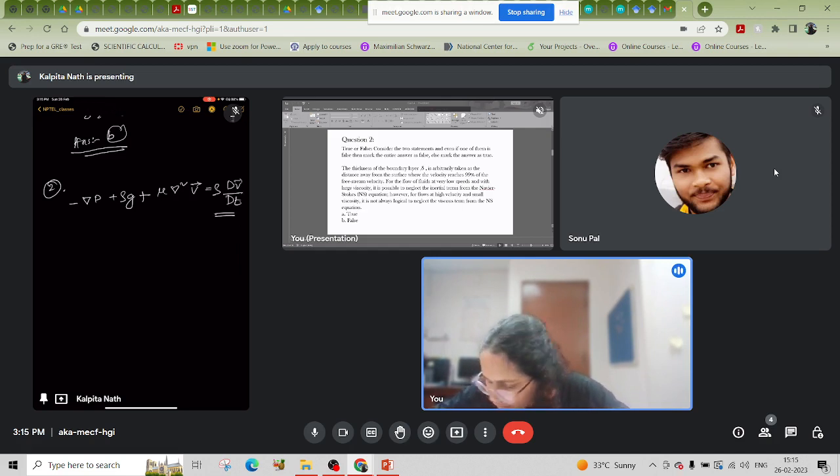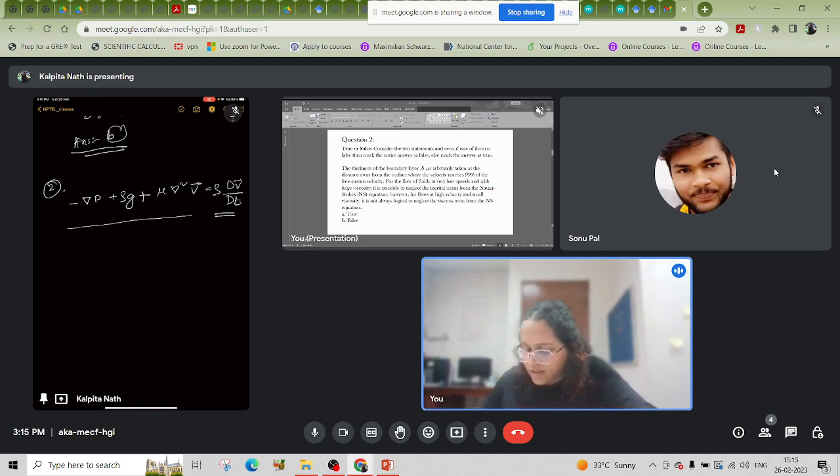For low fluid velocity, all the left hand side will be 0. So for the Navier-Stokes equation, it is small. For the low fluid velocity, everything will be small relative to each other, as we can see for creeping flow.